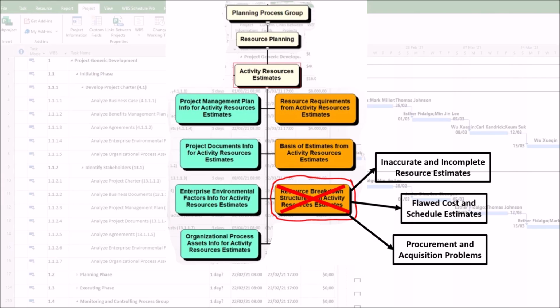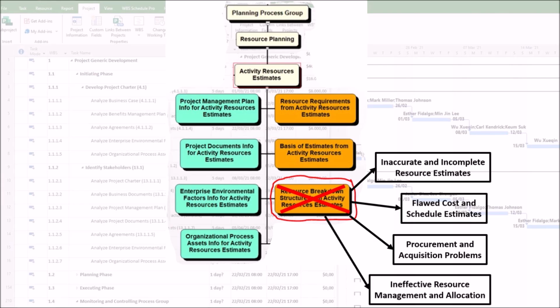The procurement team won't have a clear list of what to buy or hire, leading to missed lead times for equipment and materials. Second, team acquisition conflicts. A vague resource breakdown structure, such as 5 engineers, creates confusion when requesting resources from functional managers. They won't know what specific skills are needed, leading to them assigning available but inappropriate staff, causing skill gaps and rework.